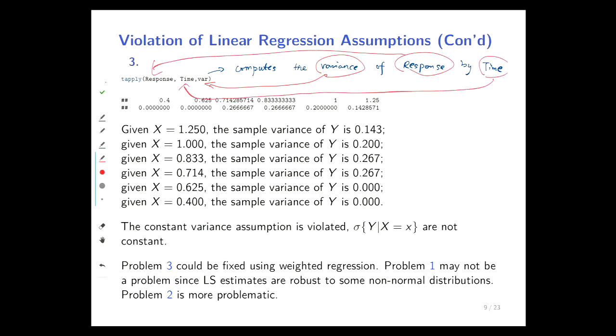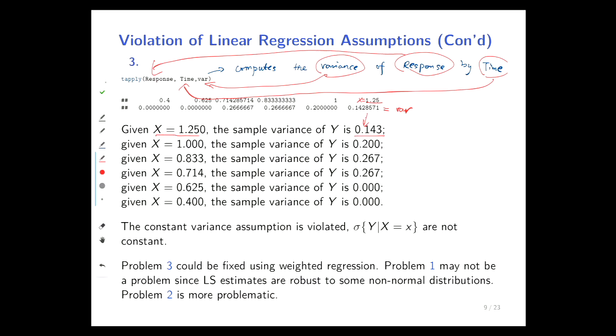In order to use this function, you need to know what you are computing. So what's the meaning here? That just means, for instance, given x equals 1.25, the variance of y here is 0.143, the sample variance. So given some specific value, we can get the sample variance.